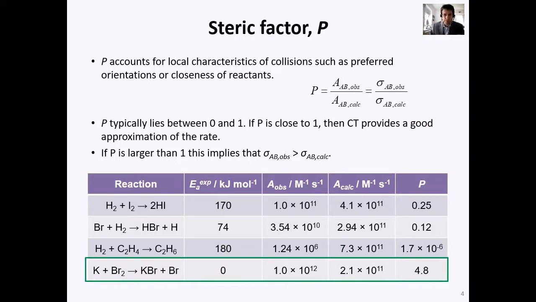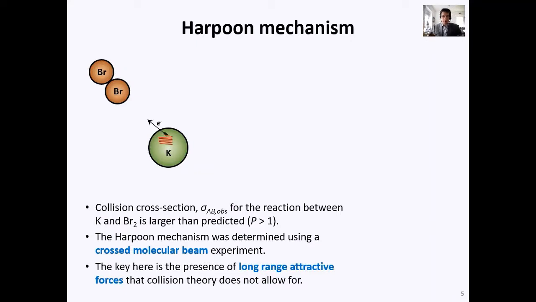So the specific mechanism that explains why, in the reaction between potassium and bromine, Br2, the collision cross-section is bigger than predicted, is known as the harpoon mechanism. And it just requires you to remember something about potassium and something about bromine.